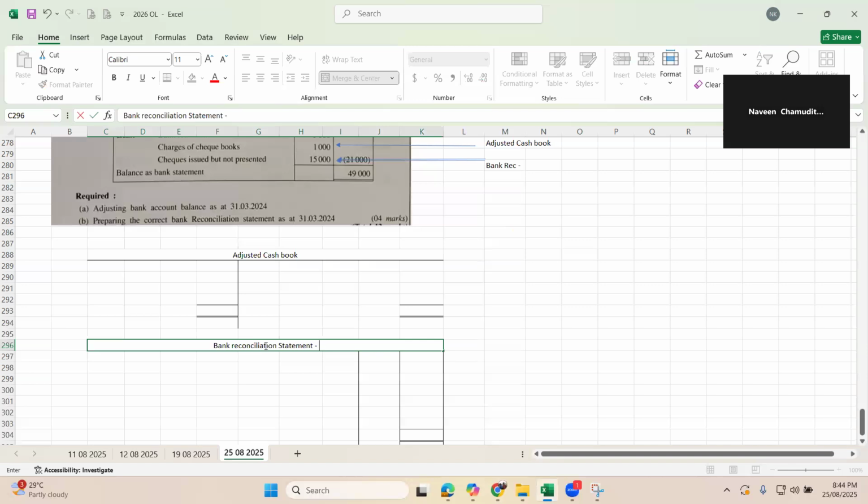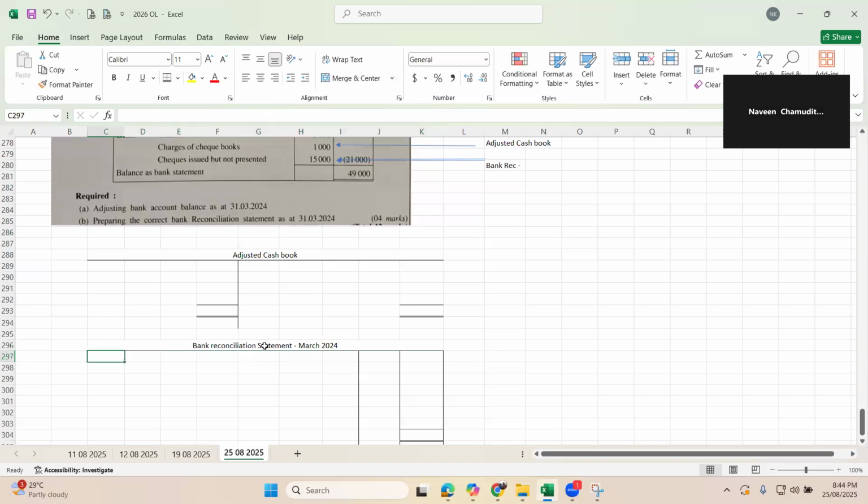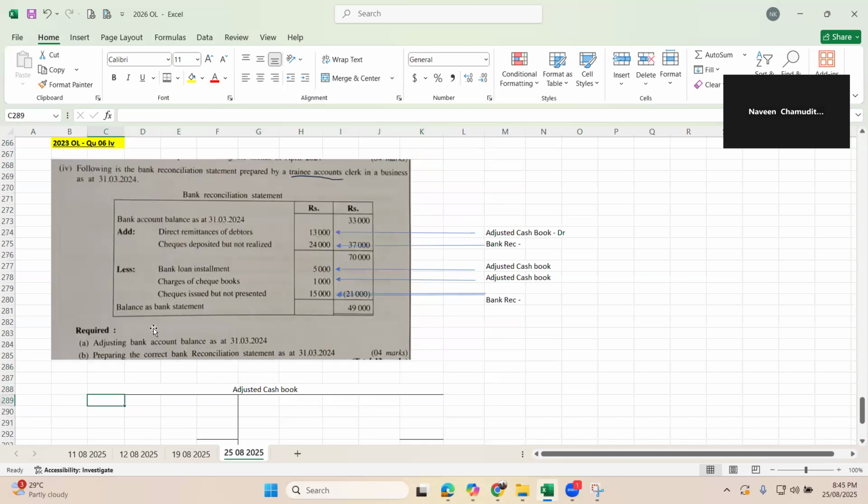This is March 2024. So how much is the balance as per the cash book? It's given here. Balance brought forward. Adjusted cash book opening balance will be 33,000.